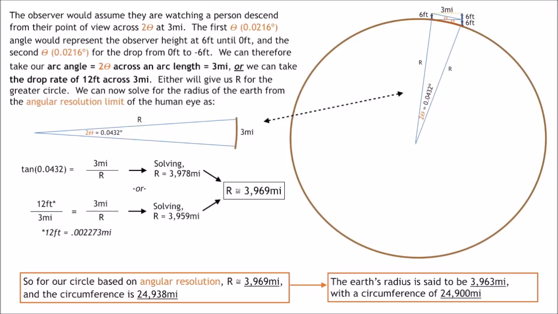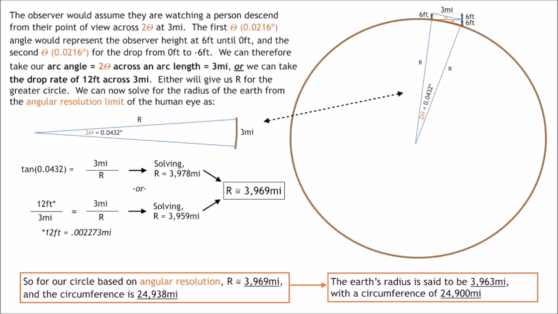Both will give us the numbers listed below. So we get for one number 3,978 miles, and for the other one 3,959 miles, giving us an average of 3,969 miles.